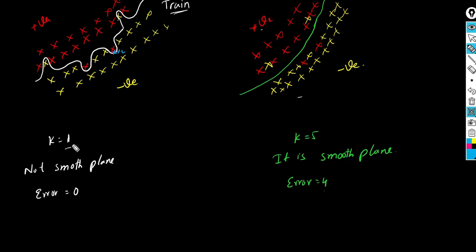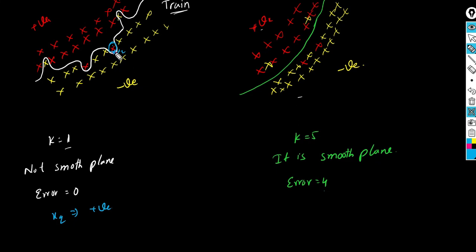When K is 1, it only looks at the single nearest neighbor, the closest point to the query point. This point is going to be the nearest point, and the query point is classified as positive. Sorry, looking at it clearly, this is a negative point. The query point is a negative point.